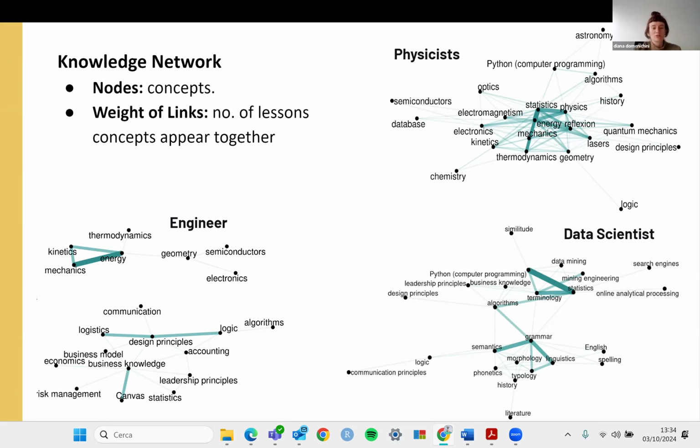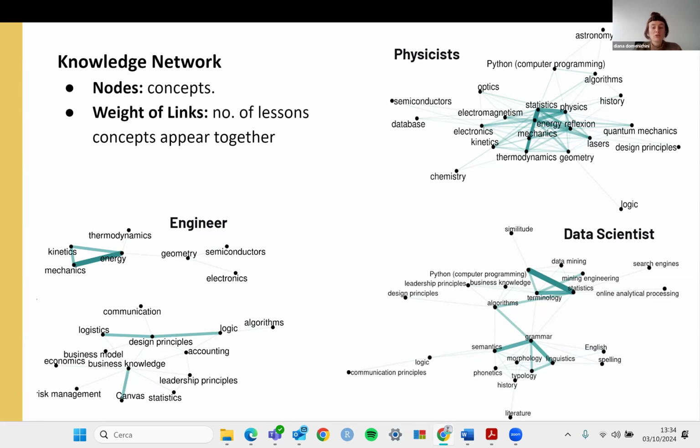Before I was talking about multidisciplinary, interdisciplinary, so by representing knowledge in a meaningful way, you can understand how knowledge is organized, and this will be helpful from an educational research point of view to understand how knowledge is organized in different disciplines.